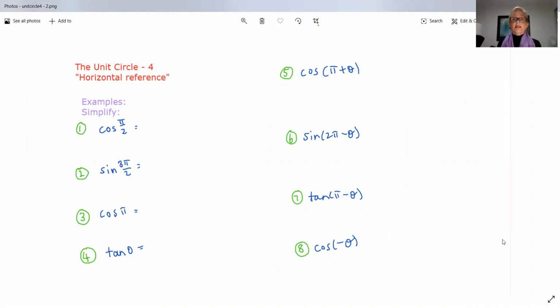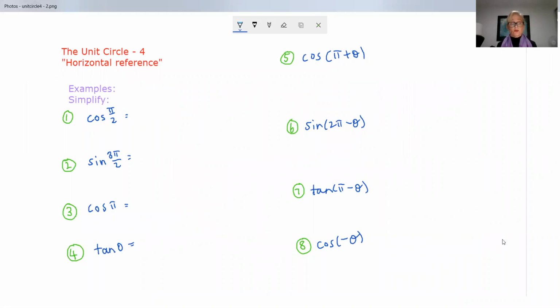But we can always draw a little unit circle to help us. So we're going to draw a very rough unit circle. It doesn't have to be fancy. What we need to remember is that sine is the y value, cos is the x value, and tan is the y divided by the x. And we also need to think about our horizontal reference.